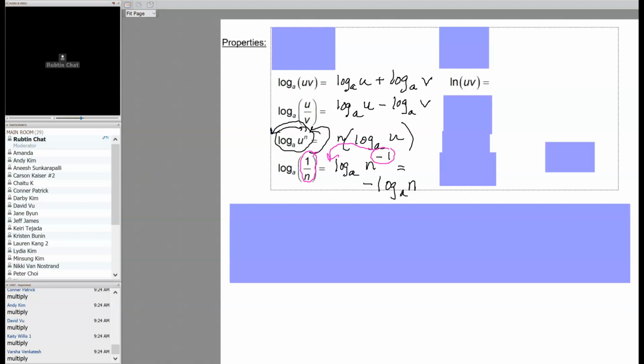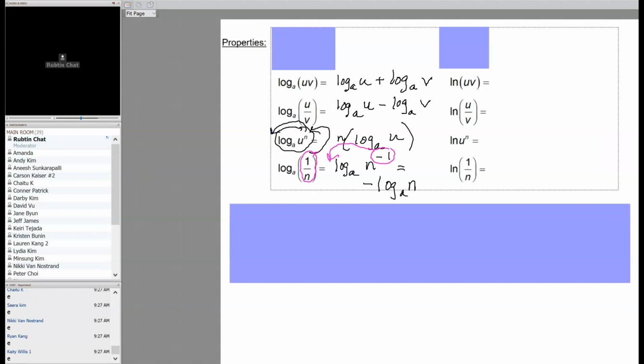Okay. The same rules apply to natural logs. So ln, we said the same exact thing. What is the base for a natural log? Yay. So these guys work the same way. I'll write them out, but it winds up being exactly the same thing. So this is ln u and ln v added.